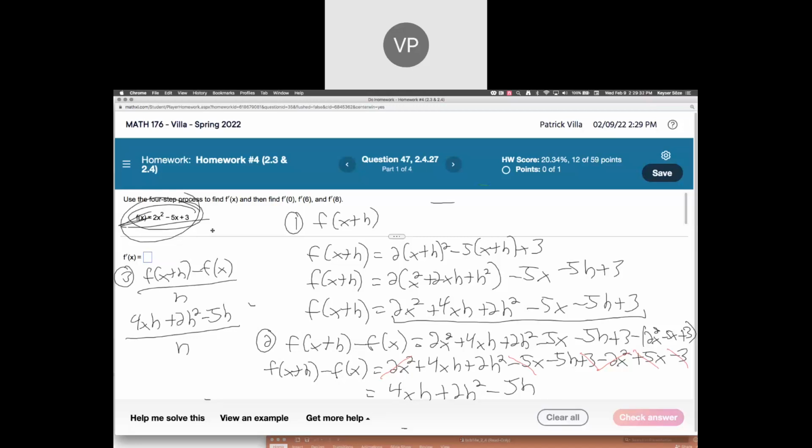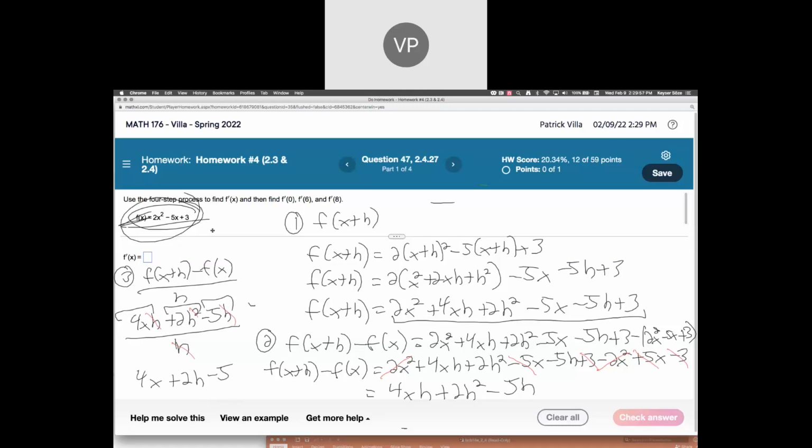Remember, like I did earlier with the square roots, how many terms do you have on top? Well, I've got these 3 terms here, here, here, and I've got this h on the bottom. As long as you cancel from every one of these terms, which is what we're going to do, we're going to cancel one h from every one of those terms. What we're left with is a 4x plus 2h minus 5.